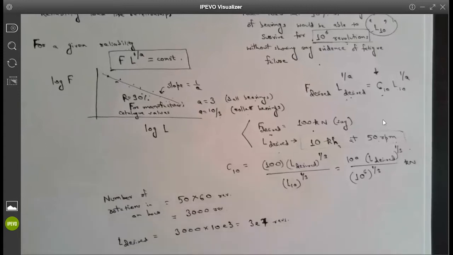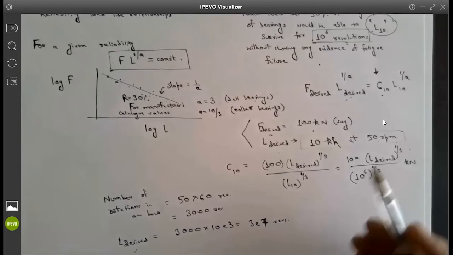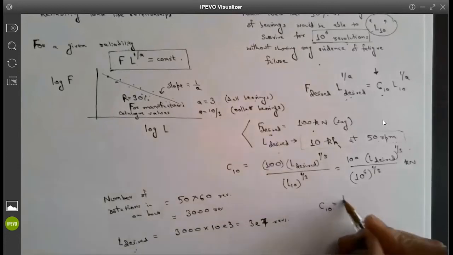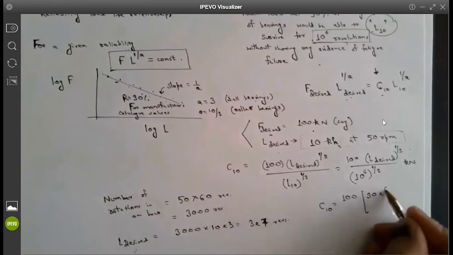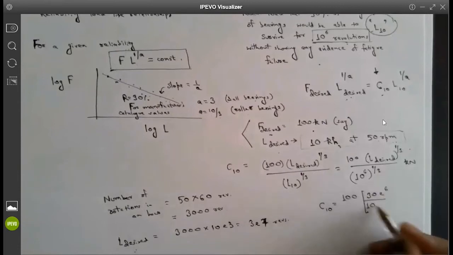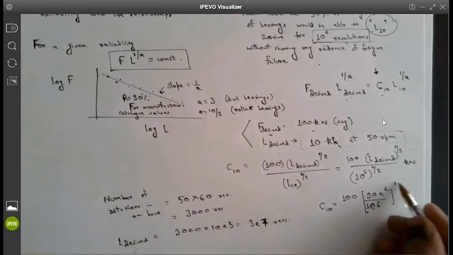Correct. So you plug this number of revolutions into this relationship and see what your C10 would be. It will be 100 times 3E7 divided by 10 raised to power 6, raised to 1 over 3.